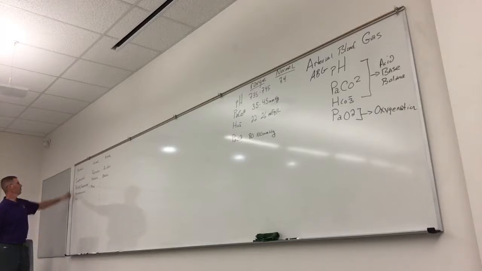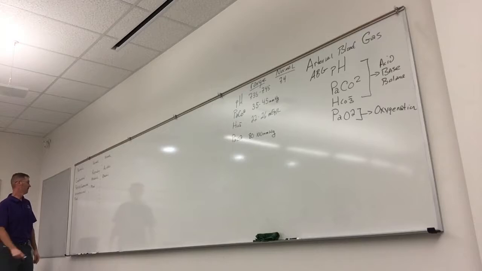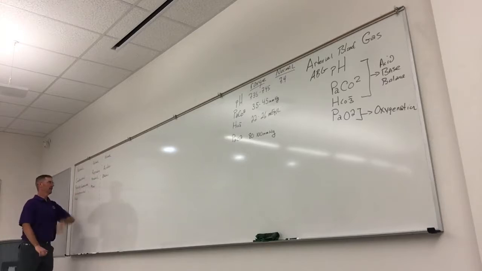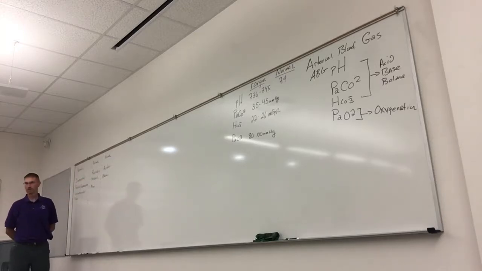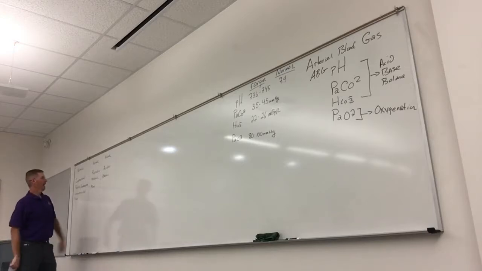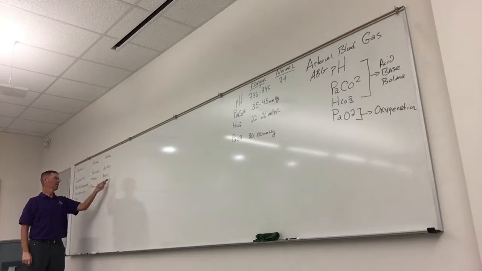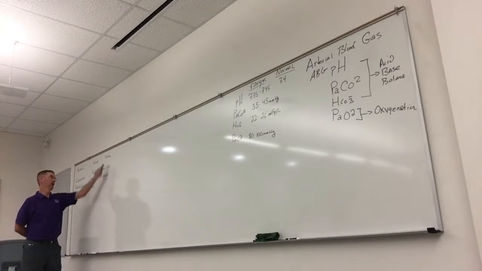So if I give normal or mixed for my first name, then the second name doesn't matter. If it is not normal and not mixed, then the second name is either going to be respiratory or metabolic. You guys okay with that? And then it's either going to be acidosis or alkalosis, or obviously normal.